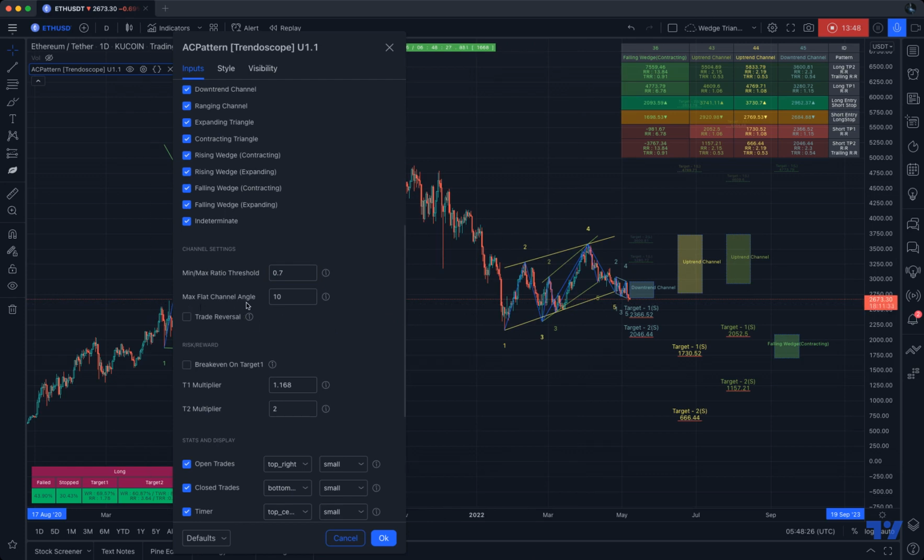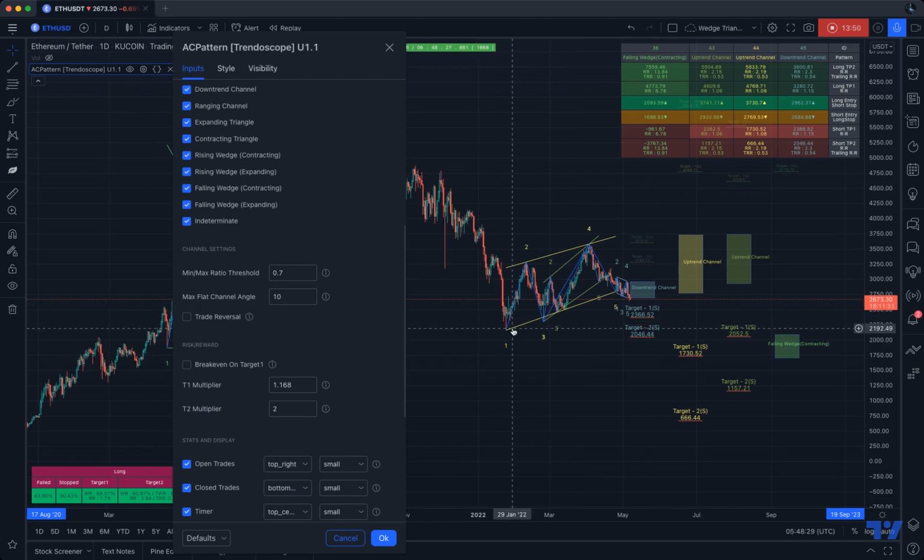Okay, so the flat channel angle: if the angle between these trend lines is below 10, then it's considered a ranging channel rather than an uptrending or downtrending channel. Okay, so trade reversal will come back later because it's about trading.